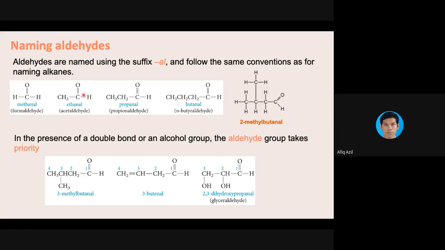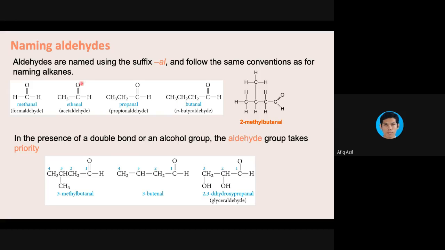For example, if there is only one carbon, C double bond O, H2, the name will be methanal instead of methane. From methane, it becomes methanal, and from ethane, 2 carbon, it becomes ethanal. 3 carbon, propane, propanal, and then butane, butanal for 4 carbon.